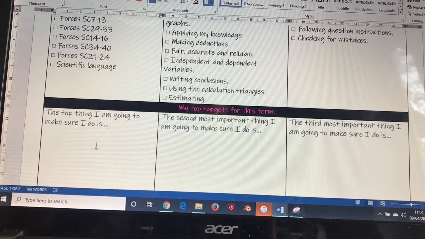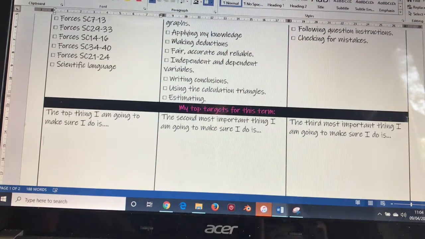So that means you need to think about what you can do in lessons. It might be to ask more questions for help. It might be to do a little revision session at the end of each week. It might be that you need to concentrate better in lessons. Let's be honest there, guys. So have a really good think about what your top priority is.